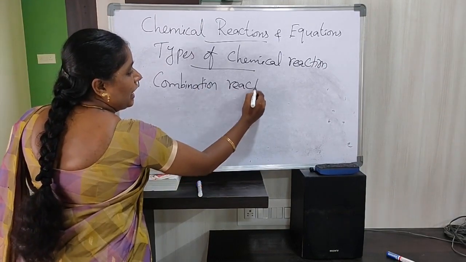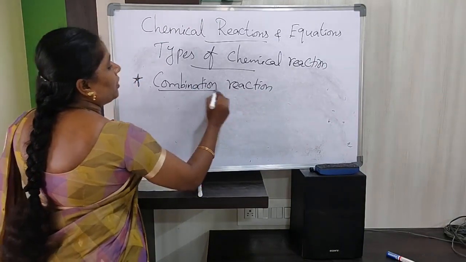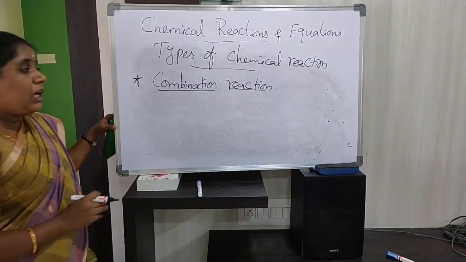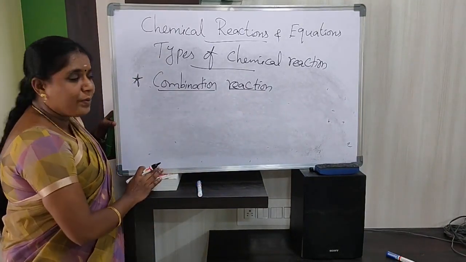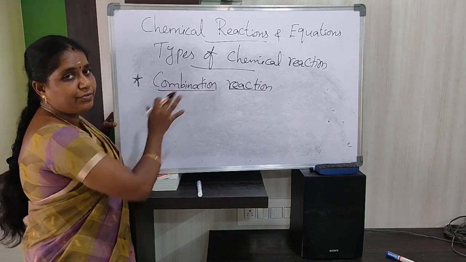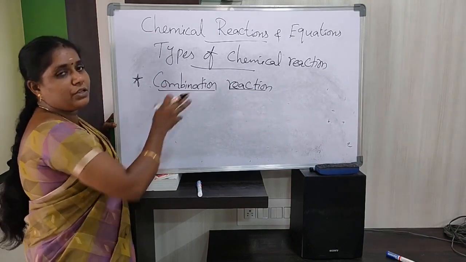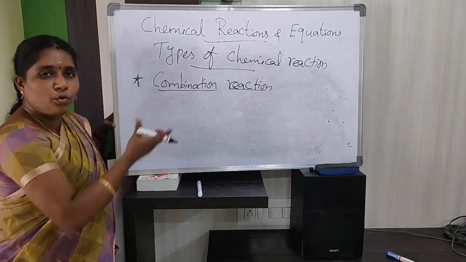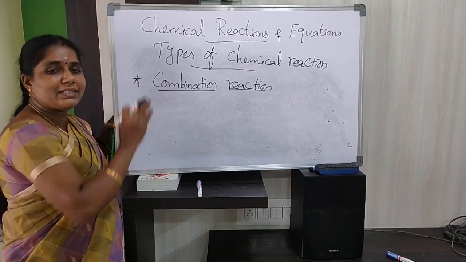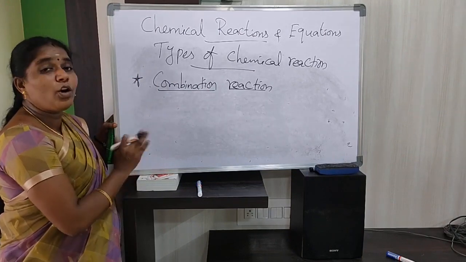Combination reaction. Do you know what is meant by combination? The word itself gives the answer. Combining of two or more reactants to form a single product is called combination.